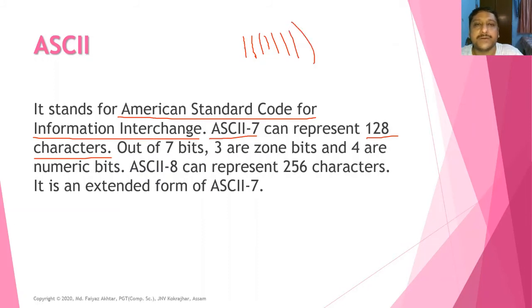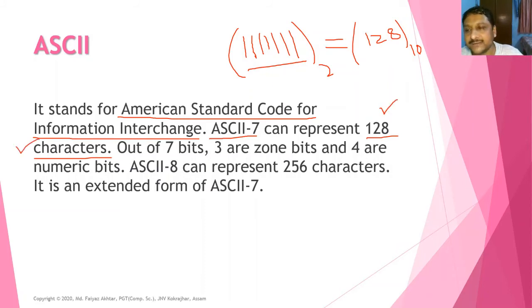If you convert this in decimal, it will become 128. So 7 binary digits can represent total 128 different characters. Okay, different combinations. Out of 7 bits, what are those? Total 3 are zone bits. Okay, out of 7 bits, suppose you can understand like this.